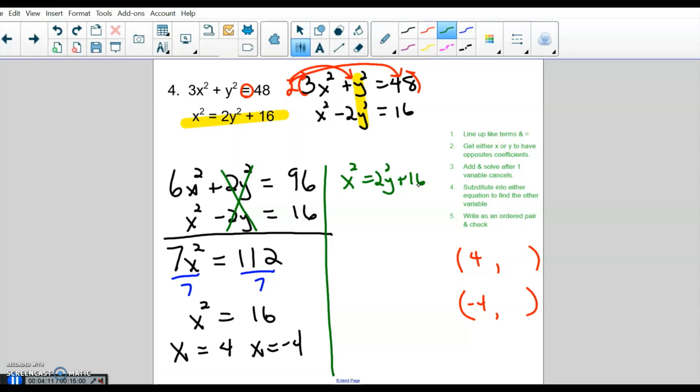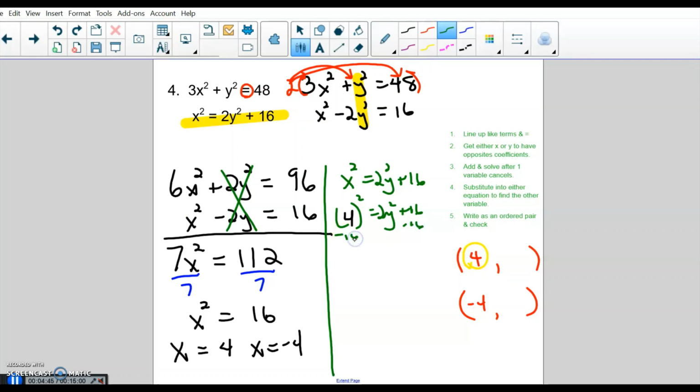So I'm going to use the 4 first to solve for my first y value. So 4 squared equals 2y squared plus 16. It looks like I'm going to have multiple answers here. So I'm going to subtract the 16.